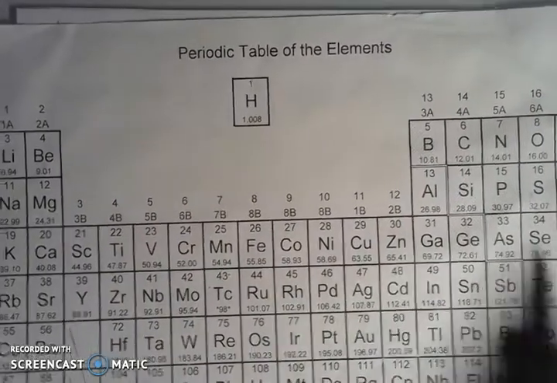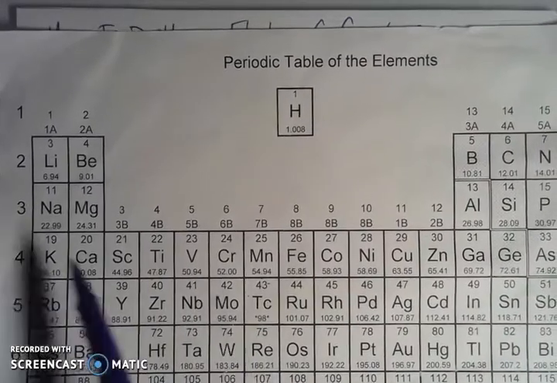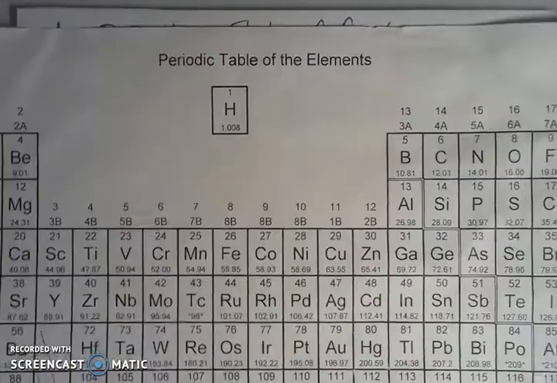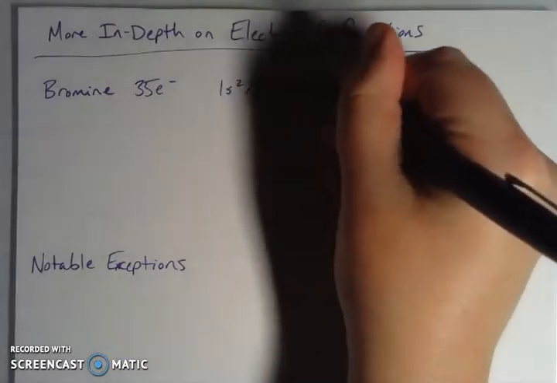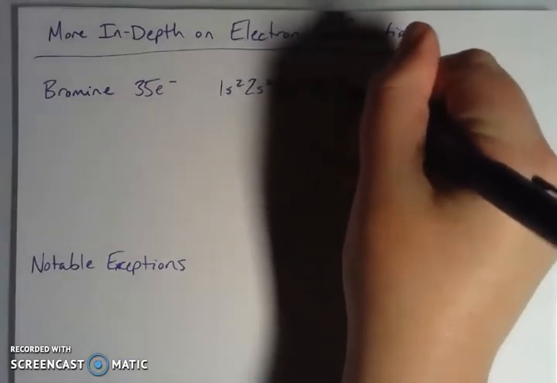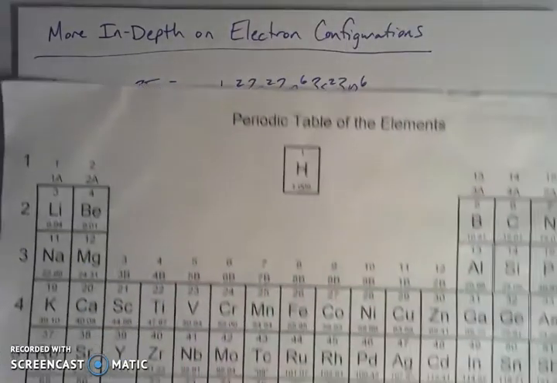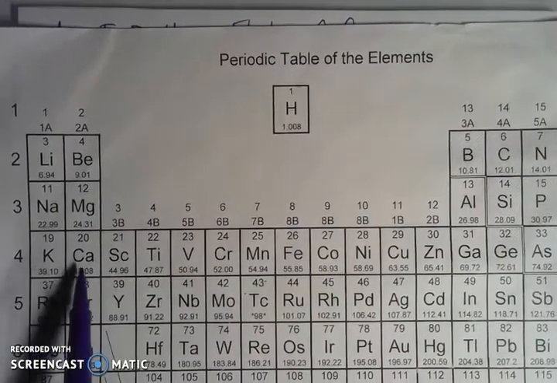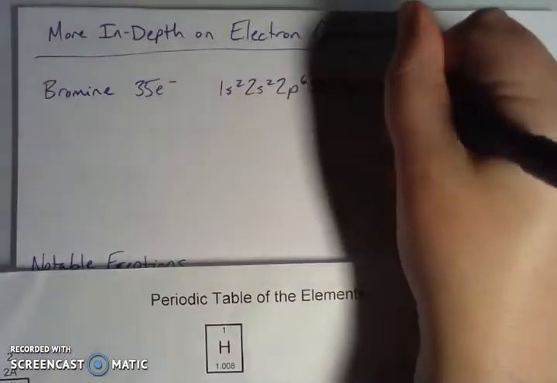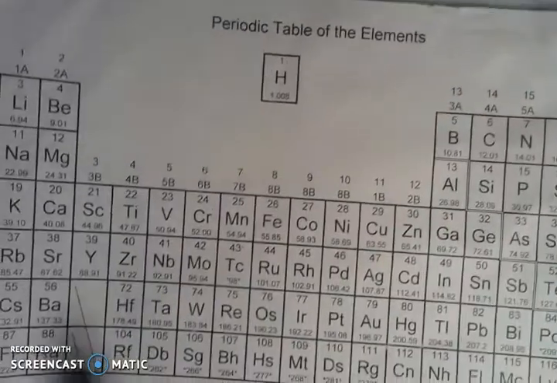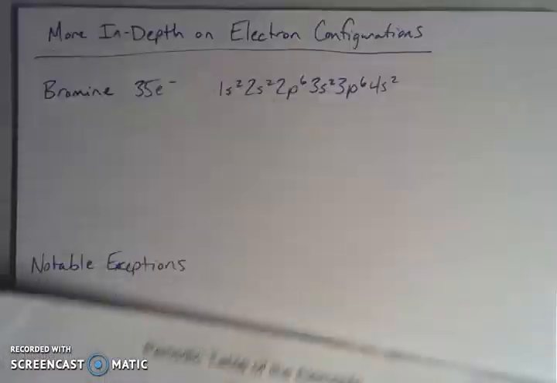Now bromine is still down in period 4, so I have the entire third period to get through too. So that would be 3s2, 3p6. And then we're going to go through the 4s, 4s2, 3d10, which gets me through zinc.